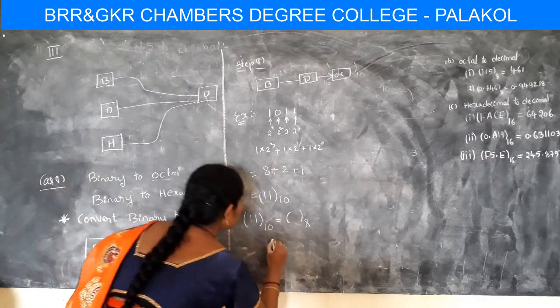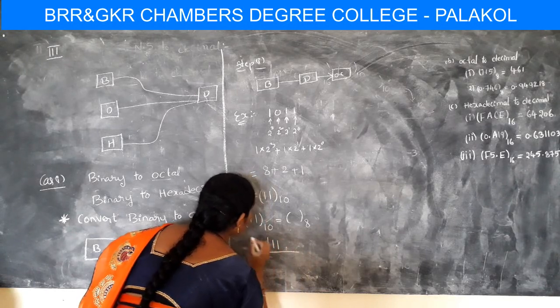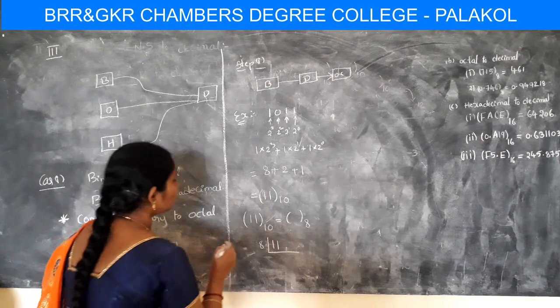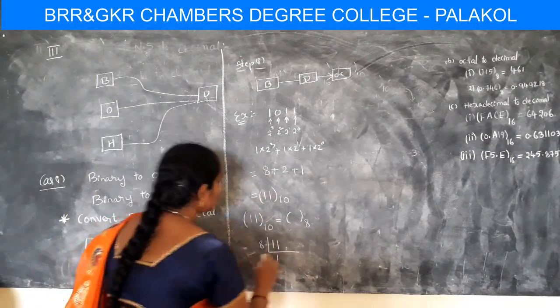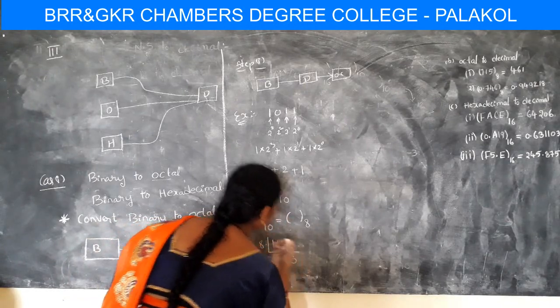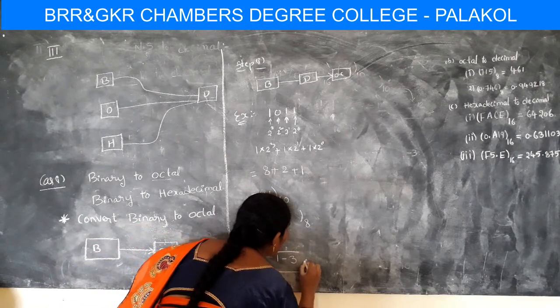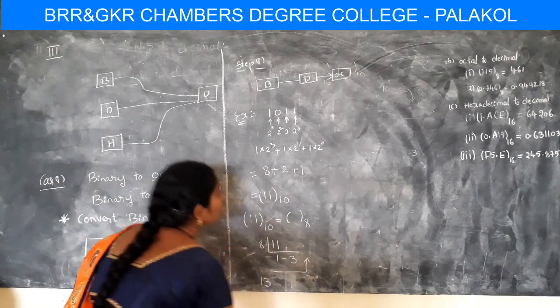The process is we have to divide this number by 8. So 1 eights are 8, the remainder is 3. We have to write from bottom to top. Therefore, the answer is 13.